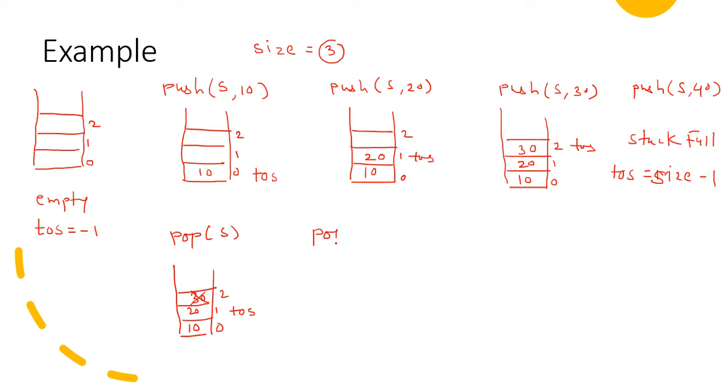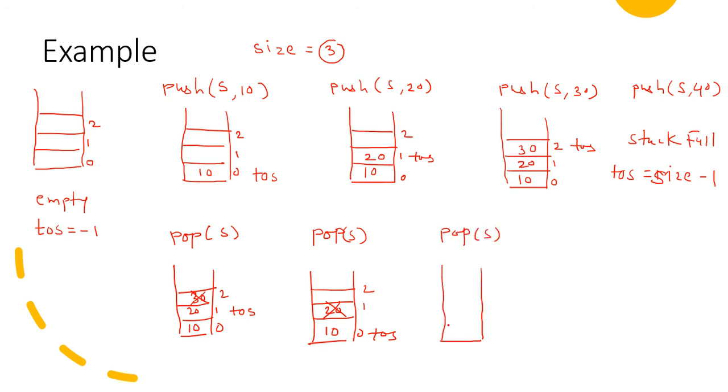Let us pop another element. Now the stack contains two elements, 10 and 20. Now the top element is 20, which is popped. The top value was 1, now the top value becomes 0. Let's pop another element.